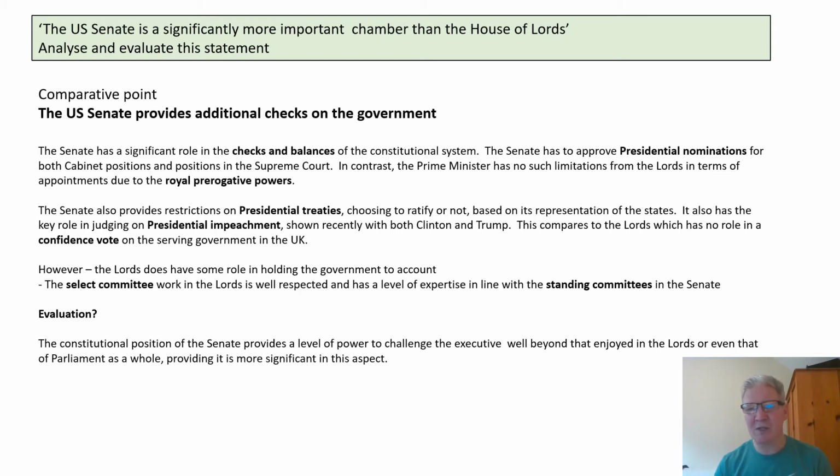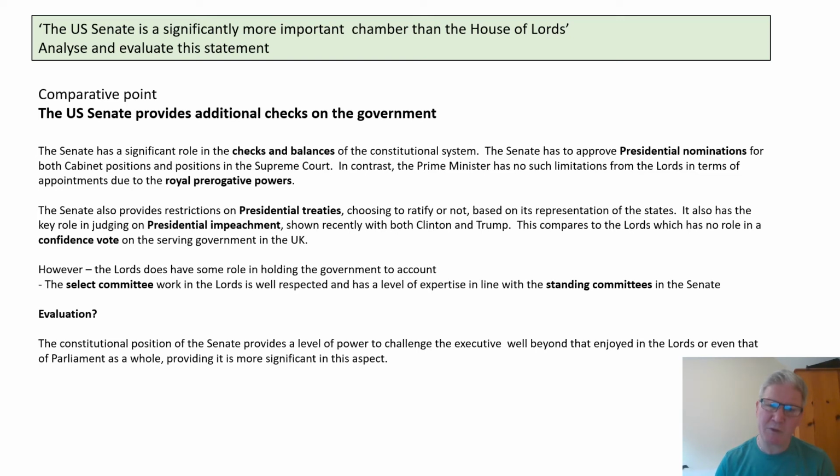There are no such limitations in the Lords in regards to that because of the prerogative powers the Prime Minister enjoys. The Senate also provides restrictions in terms of presidential treaties and has a key role in terms of presidential impeachment, as shown recently by Clinton and Trump. And this compares to the Lords, which has absolutely no role in regards to the confidence vote that a serving government would have to face in the House of Commons.